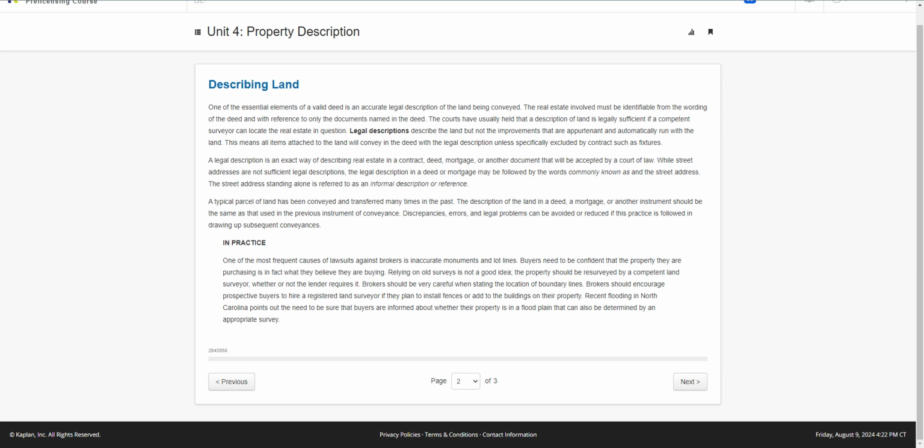In practice, one of the most frequent causes of lawsuits against brokers is inaccurate monuments and lot lines. Buyers need to be confident that the property they are purchasing is in fact what they believe they are buying. Relying on old surveys is not a good idea, which is why agents should recommend that the buyer get a surveyor and an inspection.